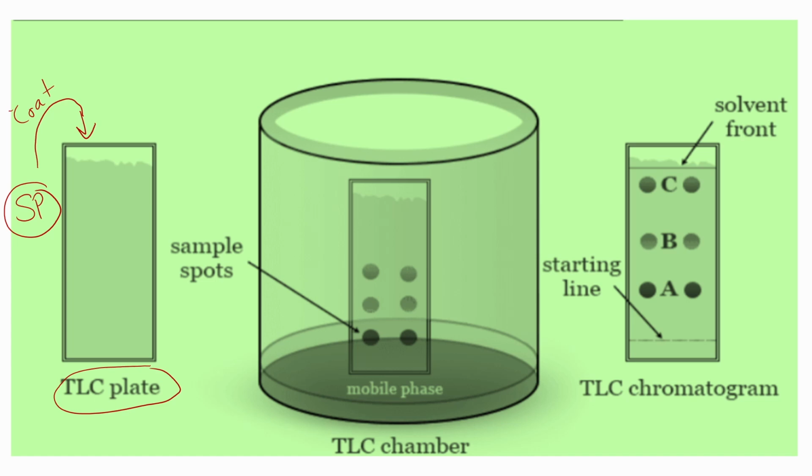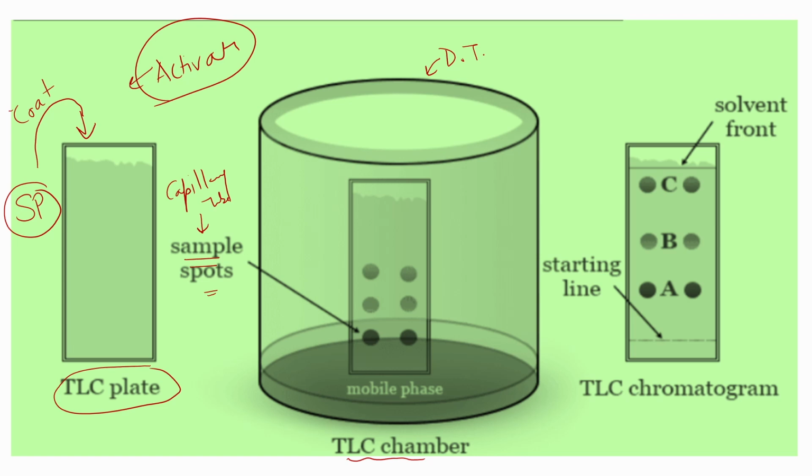And after coating, we have to activate this TLC plate. The next step is the sampling technique, or we can say application of the sample. It is generally done with a capillary tube. Then the next step is the development tank or development chamber or TLC chamber.